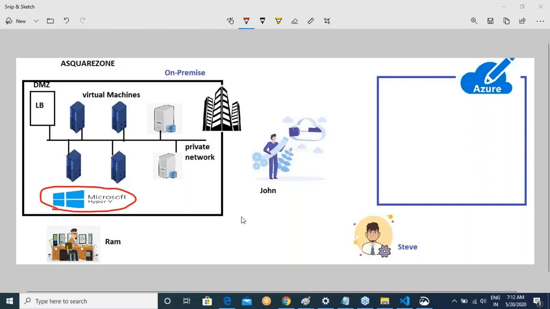Yeah. So the majority of the people don't have physical servers, and even if some of you have, you might be using them for different purposes.